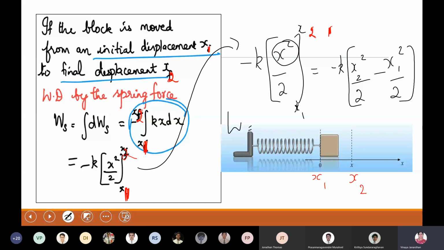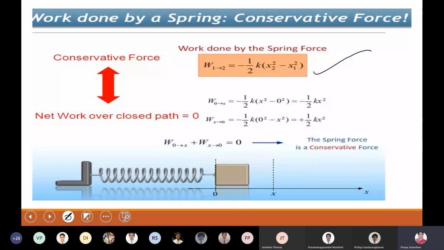Yes, ma'am. Okay. Now the question is, where we started, we want to find the work done by the spring force when the spring started from x1, moved to a position x2 and comes back to x1. That is what we wanted. This is the work done by the spring force, the last expression we have got. Right now, net work done over the closed path.